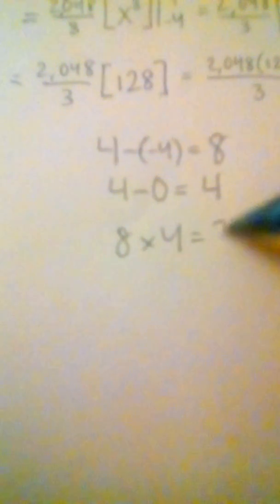Now the only part we have to do after that is we have to find the area in this case, which would be 4 by 8, because if you look at the dimensions of x, the highest one being 4, the lowest one being negative 4, and we have 8. For y, we would do 4 minus 0, of course. And 8 times 4, we all know that is 32.